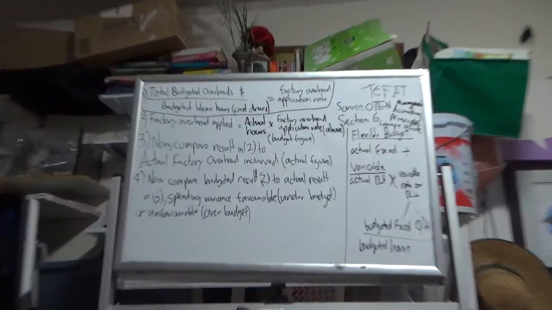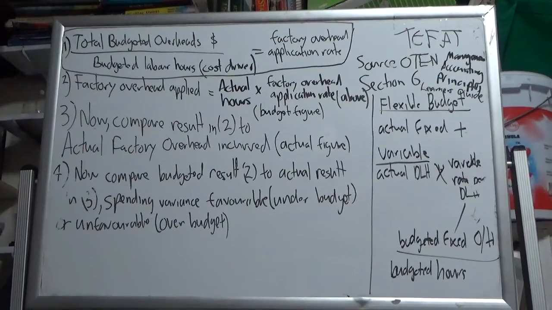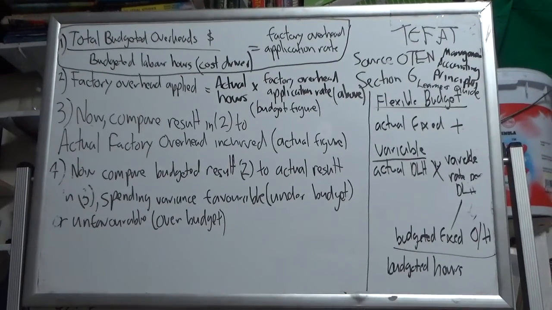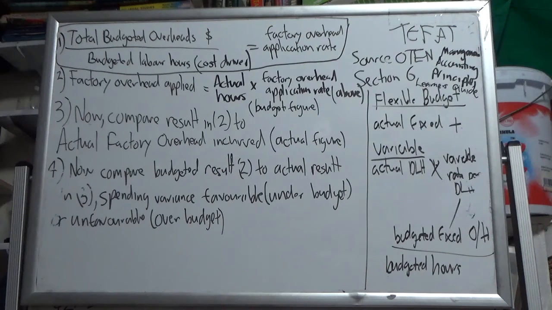We're talking about capacity. So I'll stop shaking the video camera around, and I'll just read out that recap. So with capacity variance, first you find the overhead application rate, which is budgeted fixed factory overhead divided by budgeted direct labour hours, DLH, which is your cost driver.